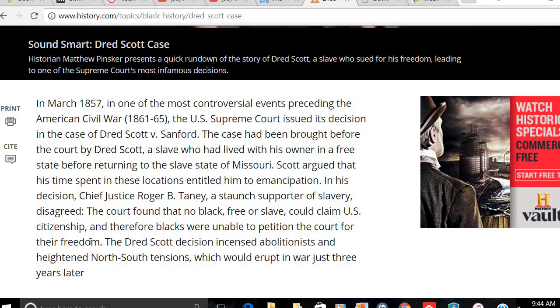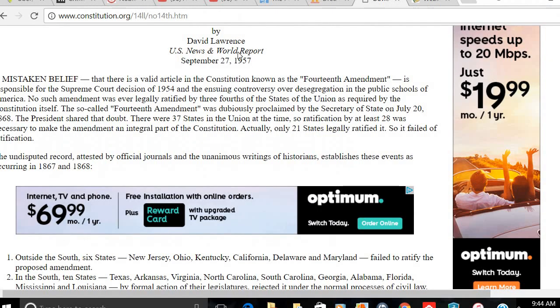Okay, they said the Dred Scott decision incensed abolitionists and heightened the North-South tension, which would erupt in war just 3 years later. All right. So like I said, man, y'all do y'all research on this. This is telling you the states. They showing you in this the states that didn't ratify the 14th, and it's actually the 13th, 14th, and 15th Amendments.